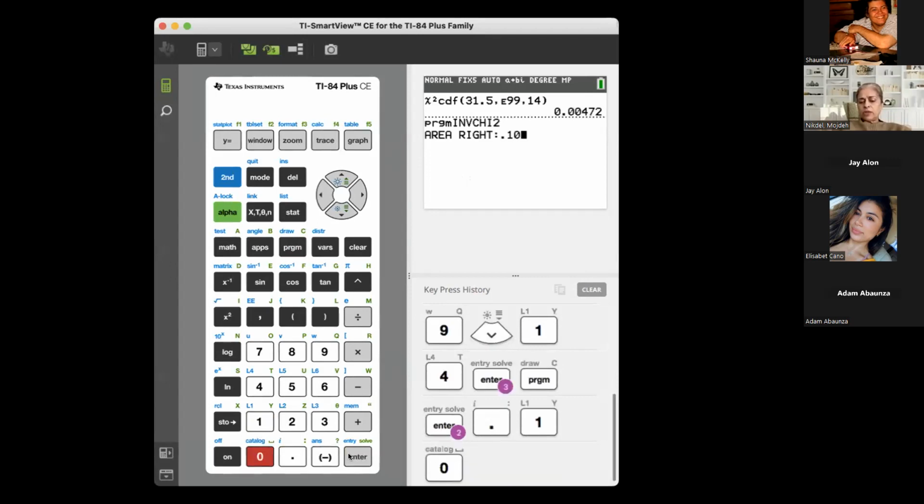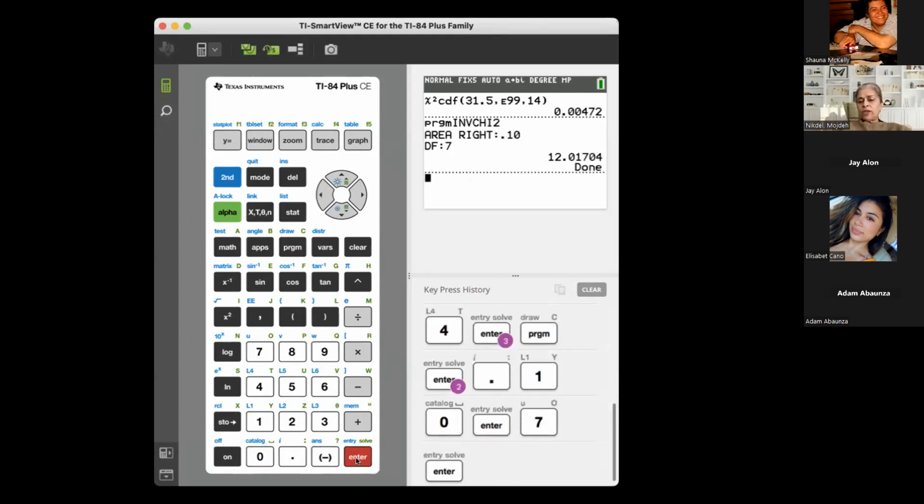Then it asks me the degree of freedom, 7. Then I have to wait. It gives me 12.01704. Remember, we only have one critical value here because it's a right tail test, so you don't need two of them.